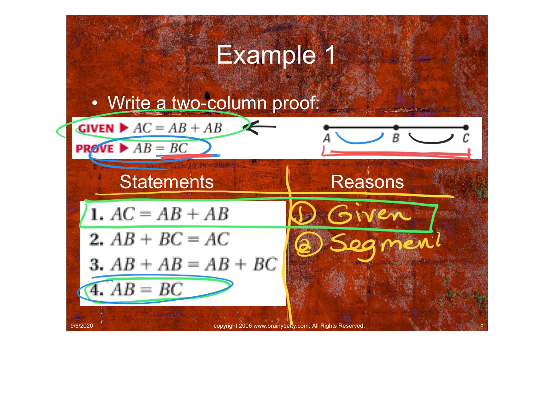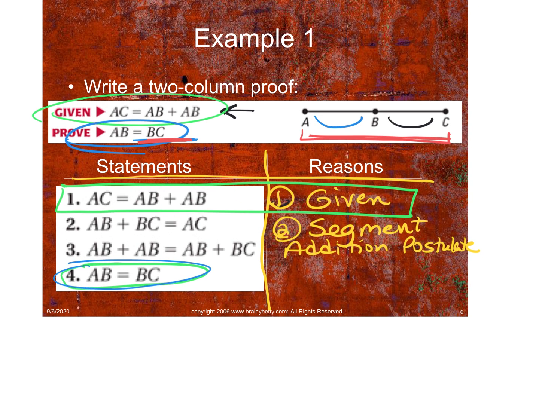So this is the segment addition postulate, and I'm going to abbreviate that as SAP. Now you can either abbreviate it or you can write it out. It doesn't really matter. So this is what they did in step number 2, is applied the segment addition postulate.